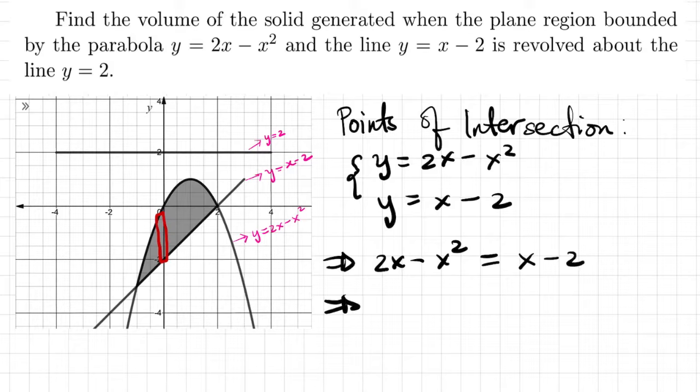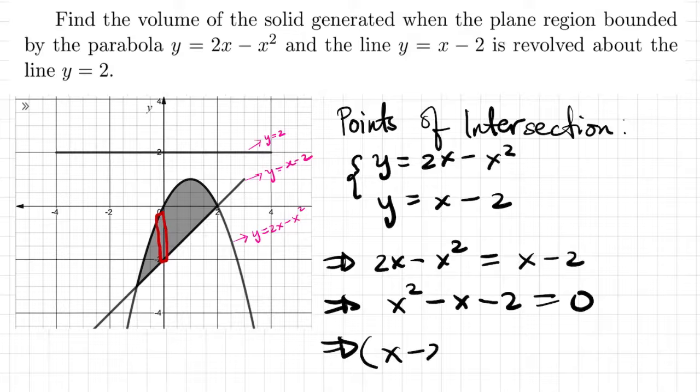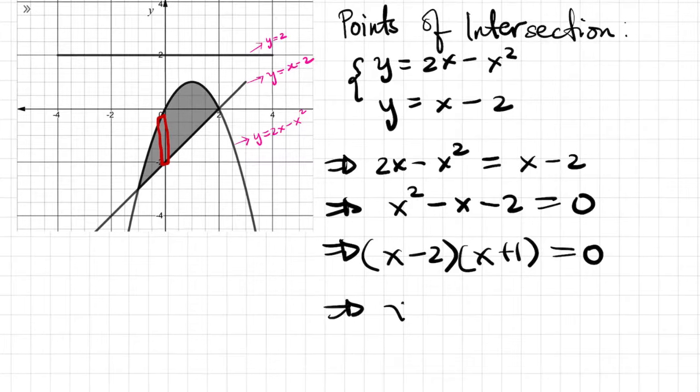Rearranging this equation, we move everything to the right side. So x squared minus x minus 2 is equal to 0. So we have x minus 2 times x plus 1 equal to 0. This means that x is 2 or x is negative 1.